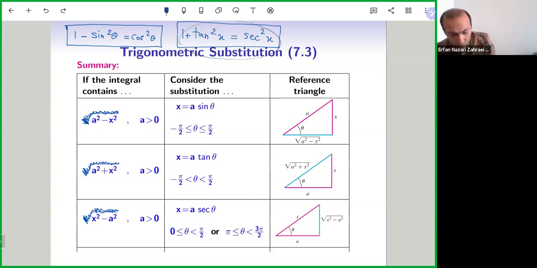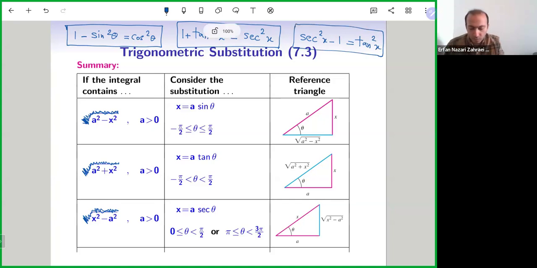Similarly, with the same equation, if I move this 1 to the other side of the equality, I get secant squared minus 1 is tangent squared.